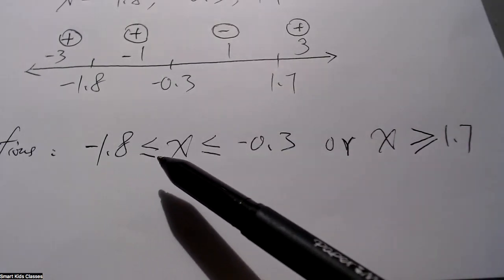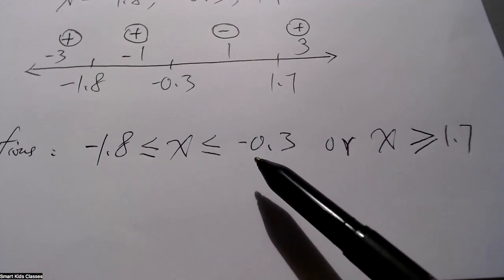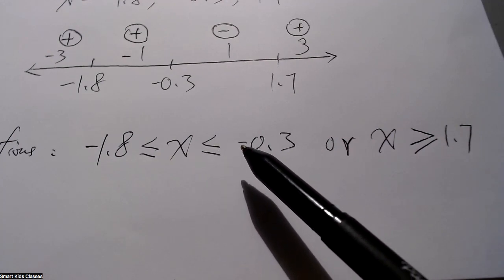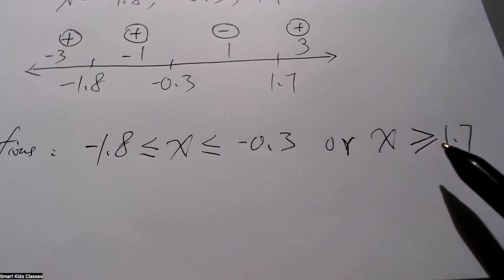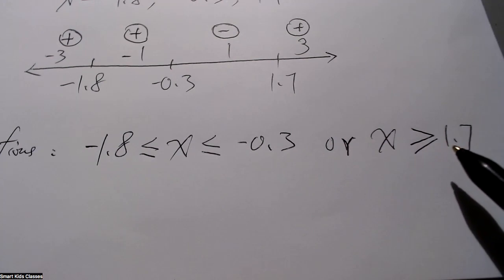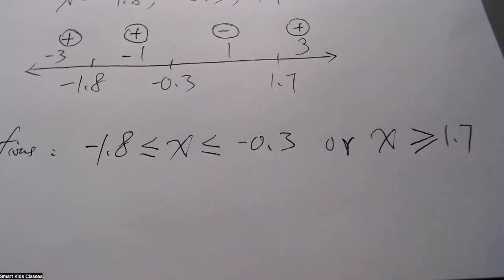Negative 1.8 is less than or equal to x, and x is less than or equal to negative 0.3, or x is greater than or equal to 1.7. So 3 intervals for the solution. So that's how you test the inequality sign to find the solution.